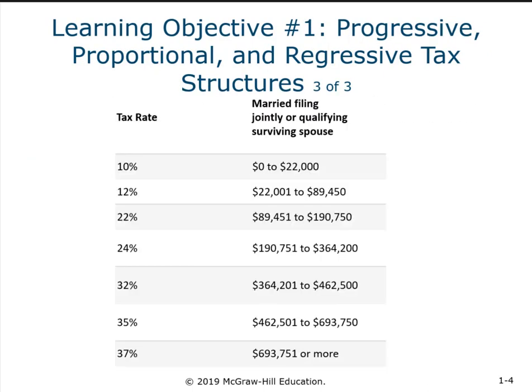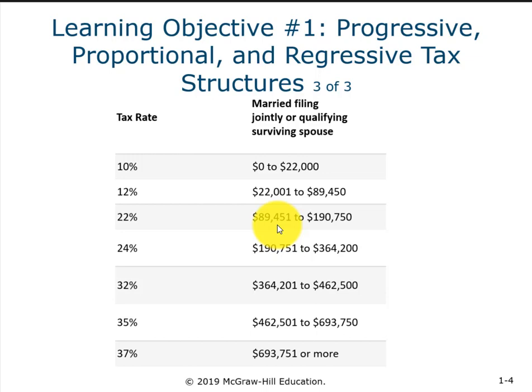So as the slide said, if you're married filing jointly and if your income goes from $89,451 to $89,452, so you make one more dollar, marginal, it means the next dollar, that next dollar will be taxed at 22%.